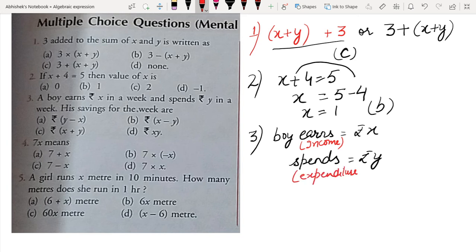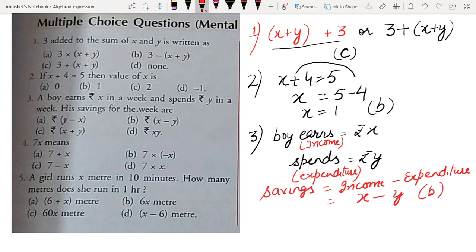Whatever he spends is his expenditure. So he is saving for a week. We want to find the savings. Savings is equal to income minus expenditure, which is x minus y. So in this way, B option is correct.